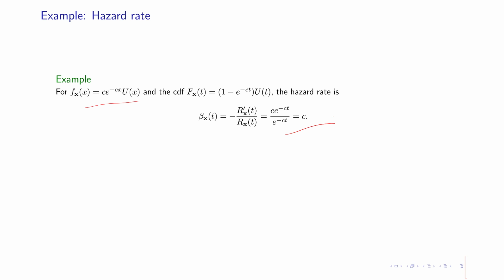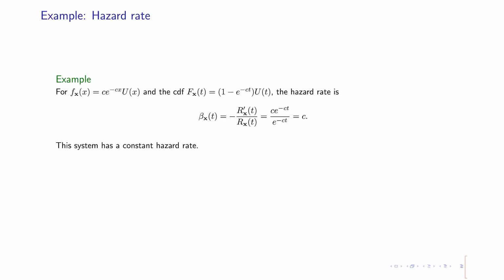That means that as time goes by, as long as you don't have a failure prior to the current time, the shape of the distribution is unchanged, and therefore the hazard rate is not changed either. So this system has a constant hazard rate.